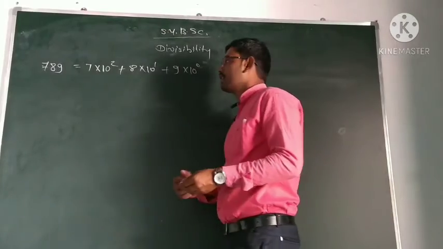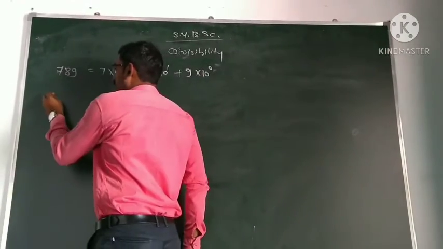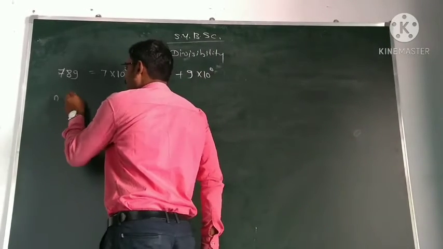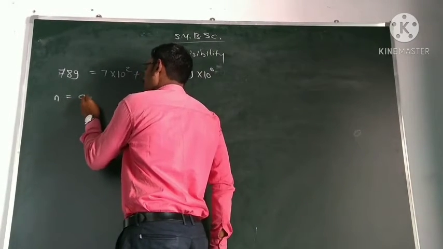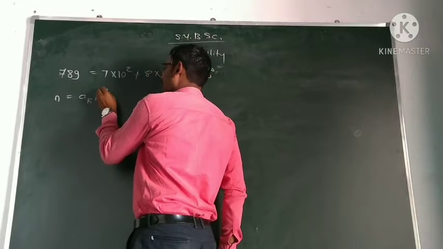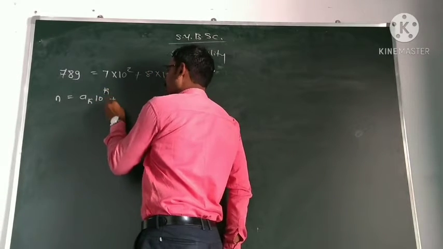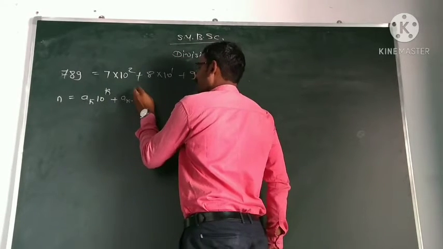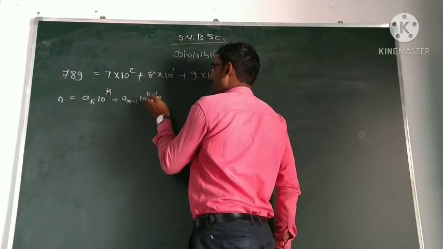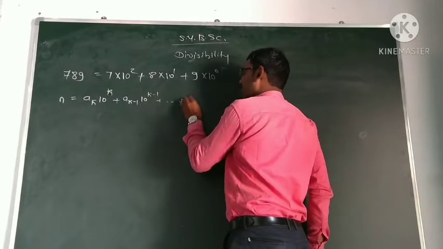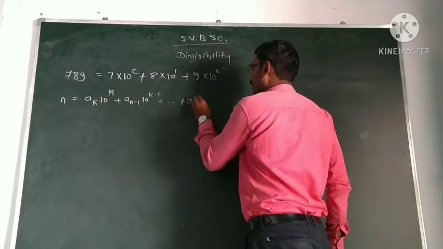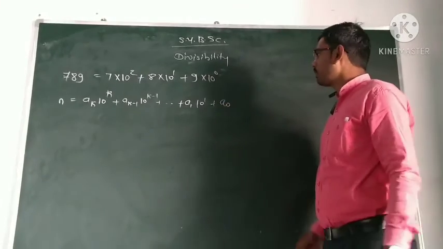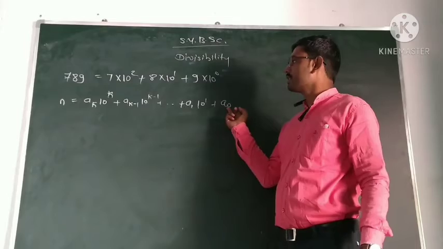So in general, any natural number m can be represented as ak 10 to the power k plus ak minus 1 10 to the power k minus 1, up to a1 into 10 to the power 1, plus a naught, where a naught is the unit place in the number.